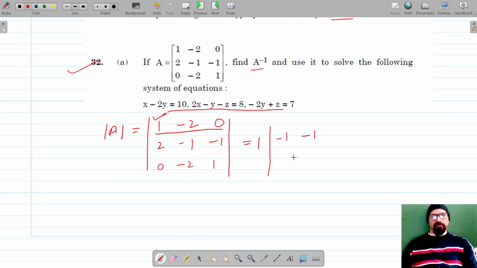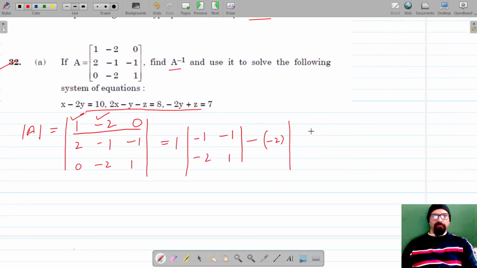So I'm left with this determinant of order 2. And after that, it has to be minus, multiplied with the second element. If I remove the row and the column for the second element, I'm left with the determinant 2, minus 1, 0 and 1. Next is 0, so we are going to leave that.